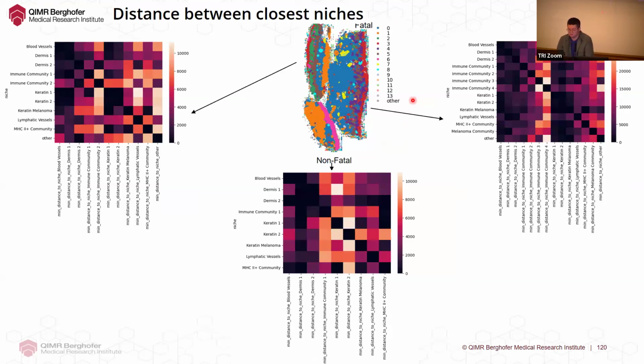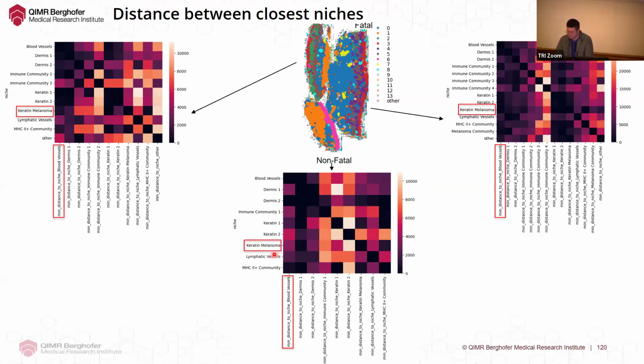We can also find the distance between the closest niches for each cell type community. In this case, for the melanoma communities, the closest distance to the fibroblasts is shown in this heat map.